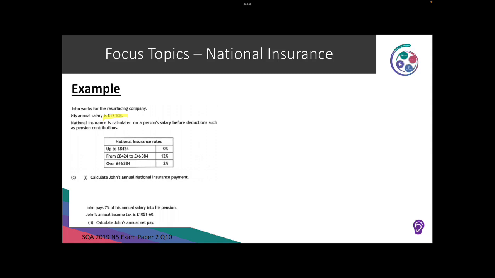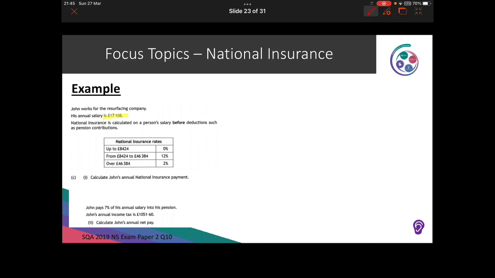So first of all, John will pay national insurance on anything he earns above £8,424. So we're going to have to work out how much of his wage he's actually going to pay tax on, or national insurance tax.